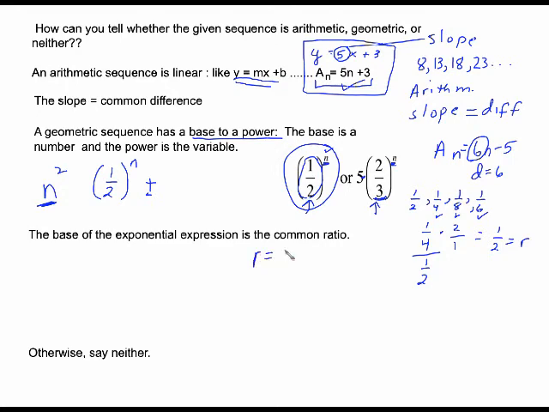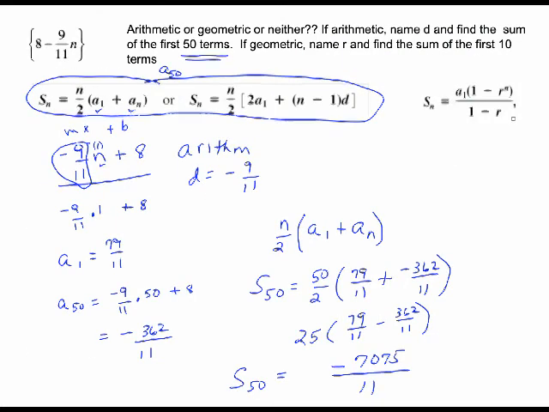So for the first one, the ratio is a half. For the second one, the ratio is 2/3. So something like 6 times 1/5 raised to the nth power fits perfectly to be a geometric sequence, and the common ratio is 1/5.